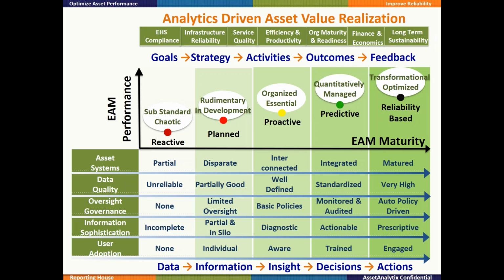If you're in the reactive and planned mode, your data is typically in multiple systems. It might be mapped, it might not be mapped. You might have some or limited data governance. For instance, you might have duplicate records, or the asset register in multiple systems with different names. But as you move through your enterprise asset management journey, your data and your systems go through a similar journey as well.